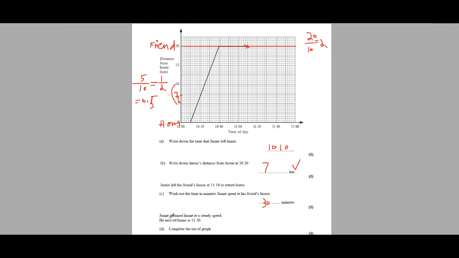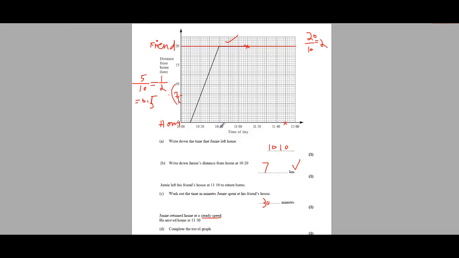Jamie returned home at a steady speed. Steady speed means the speed is in a straight line. He arrived at 11:50. So this is 11:50. Complete the stay. He stopped over here and stayed at the friend's house.